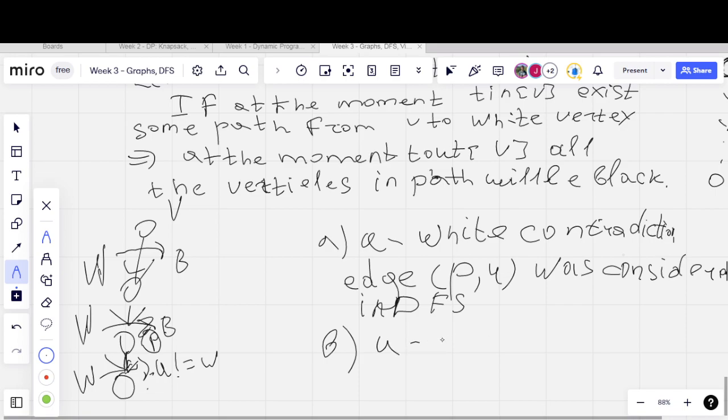So the next case, the vertex is gray. What does this mean? This is also a contradiction. Why?